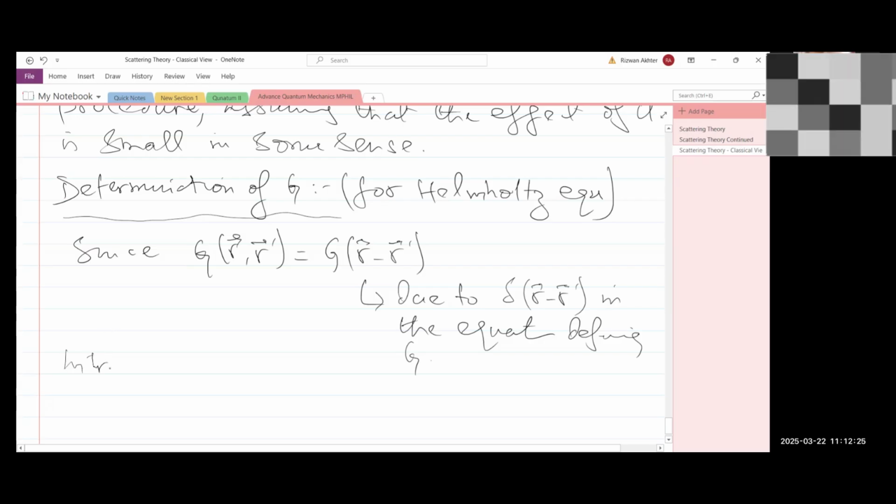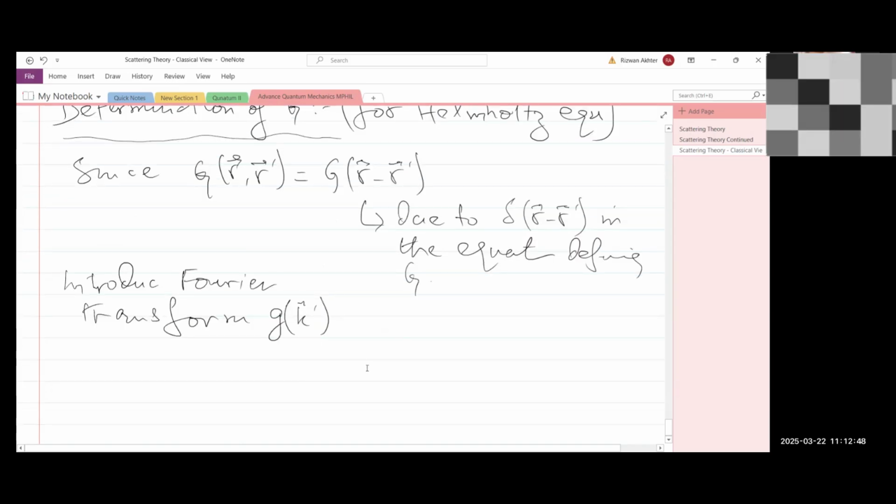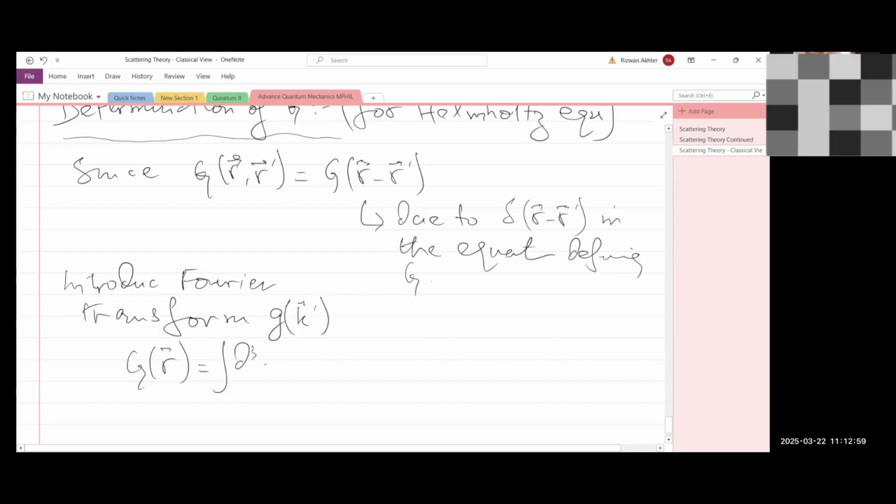So, introducing the Fourier transform of g of k prime: how do we introduce the Fourier transform for this capital G, the Green's function? This capital G of r would be equal to the integral d3k prime e to the power iota k prime dot r times g of k prime, because we have the integral over this k space of some function, which is basically the Fourier transform function.